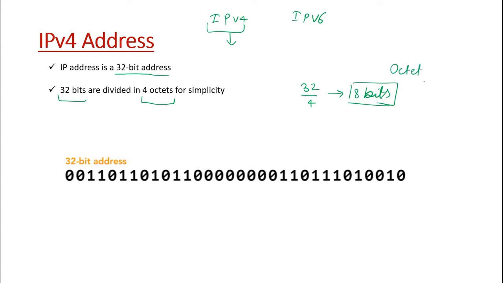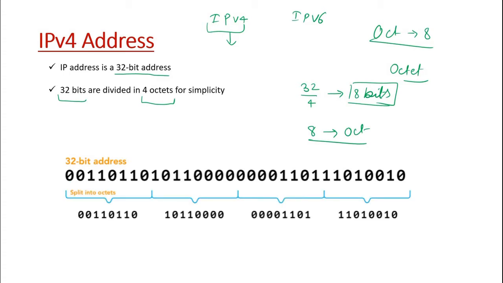If you remember chemistry from school or college, oct means the number 8. That's why the term octet came. If you don't know chemistry, don't worry. Just keep in mind that oct is 8. Based on that, we divide this IP address into octets.